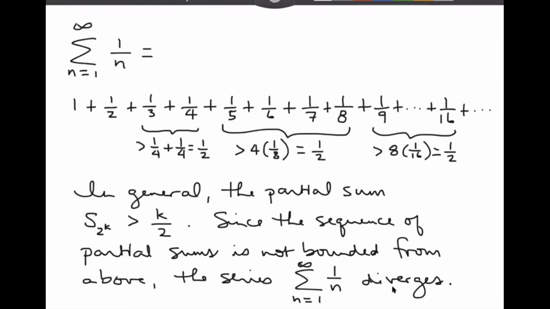It diverges. I want to point something out to you from close to the end of section 10.2. We talked about the nth term test, which said that if the nth term of a series is not approaching 0, then the series diverges. This is a great example of why the converse of that theorem does not work.